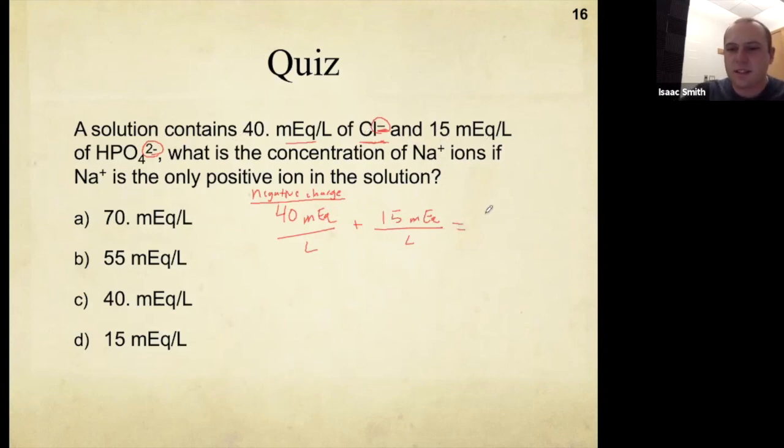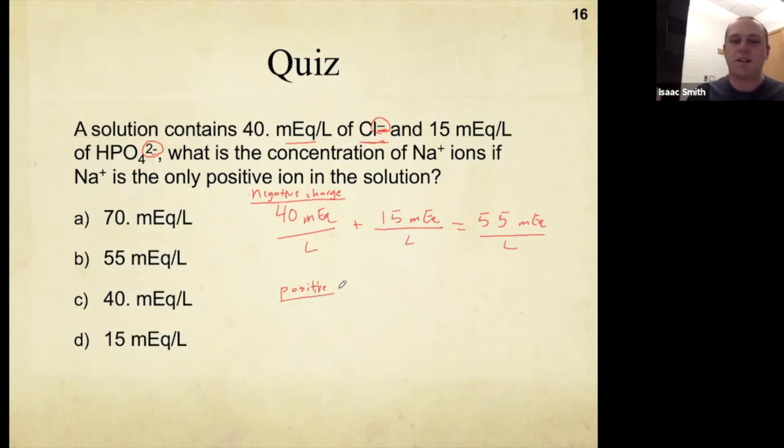So that means in the solution we have a total of 55 milliequivalents per liter of negative charge, which means that the total positive charge, again, since whenever you introduce ions into a solution, you're introducing them in a neutral ionic compound, right?